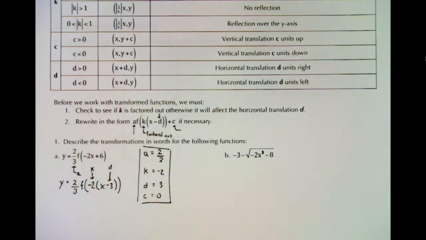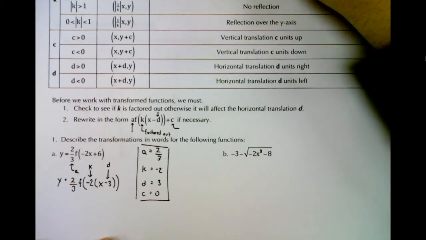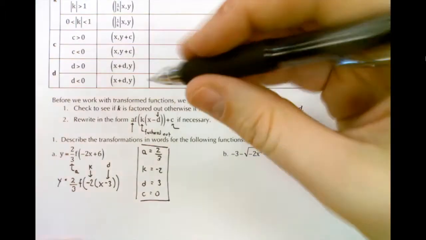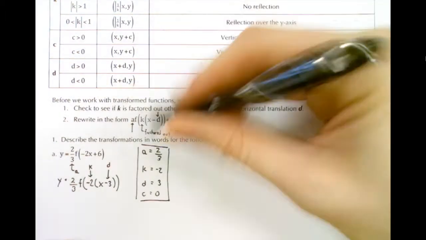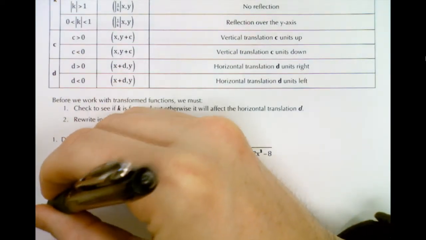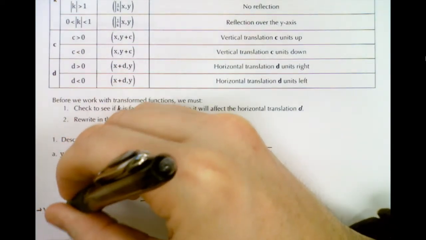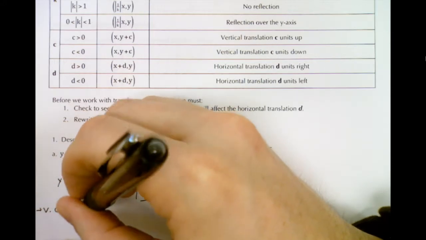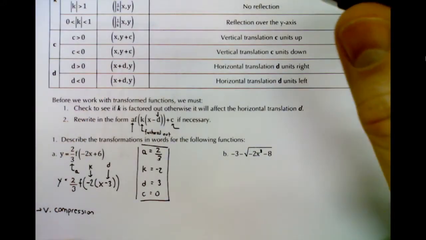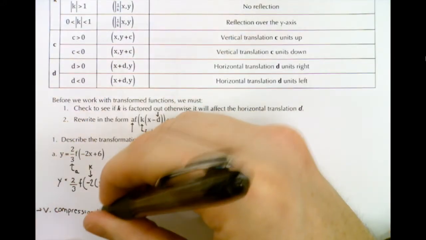So now we want to try to translate those letters into transformations or words. Let's start with A. A describes vertical stretch or compression. Since this A value is less than 1, it's a vertical compression. And the factor we're going to always describe by is a factor bigger than 1.